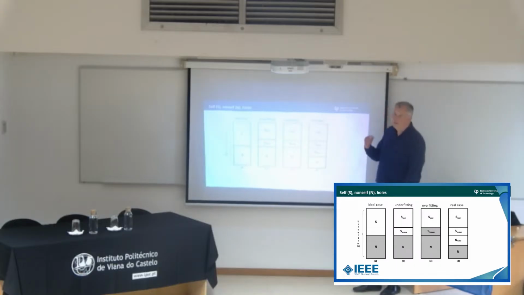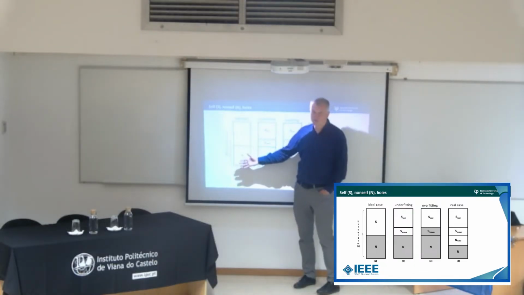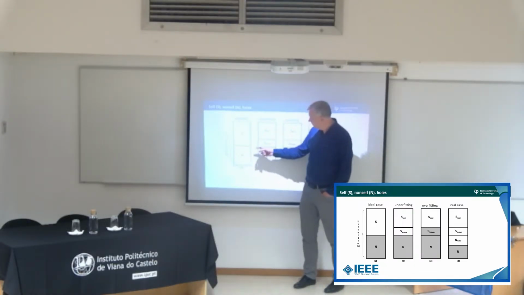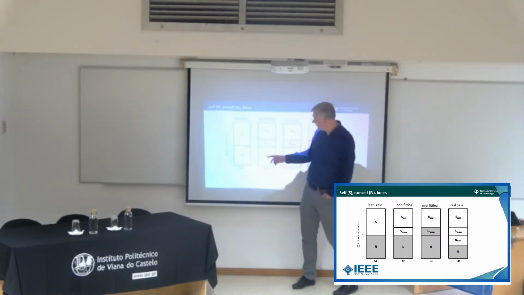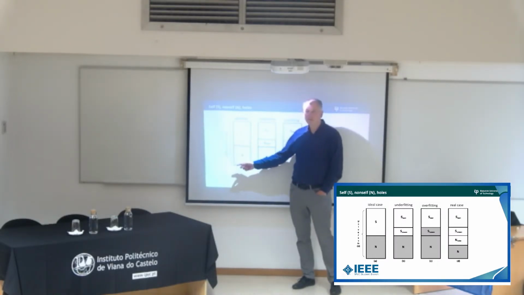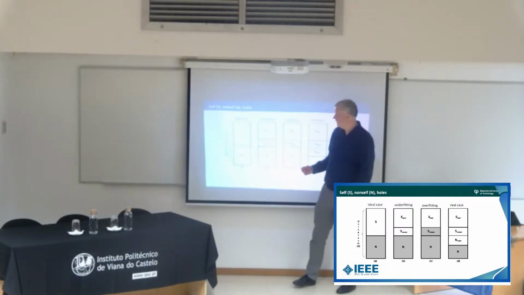In the ideal world, if we have a universe, we can divide it into self and non-self, shown in different colors, and the detectors should cover the non-self space. Everything detected by the detectors should be taken out of the network.